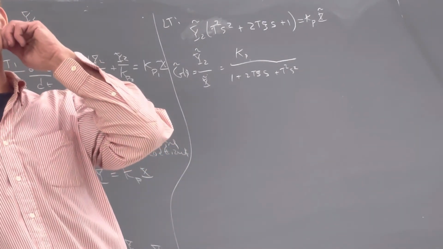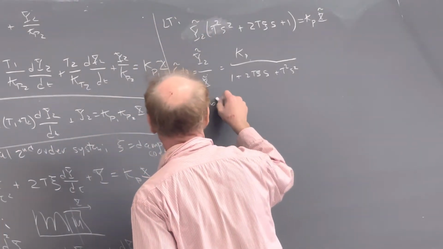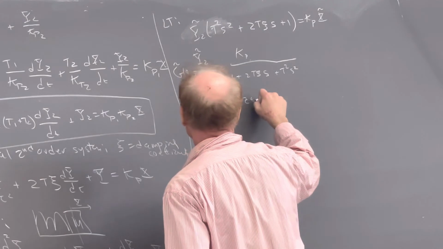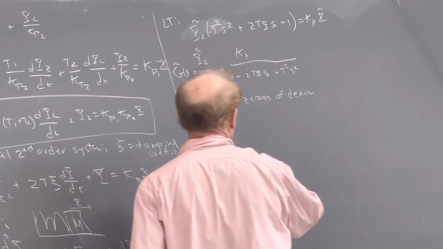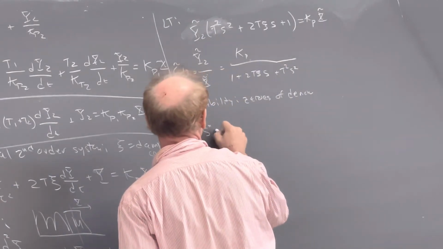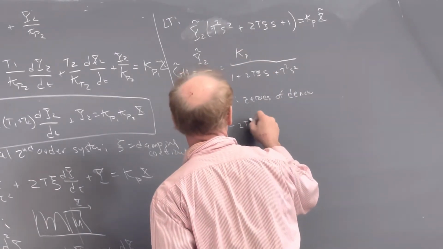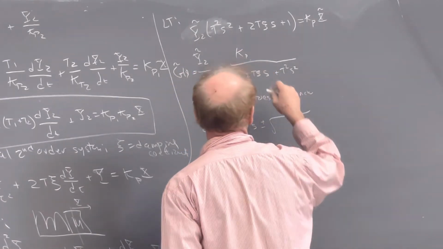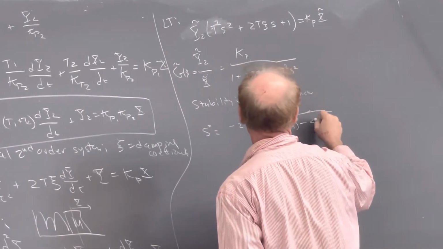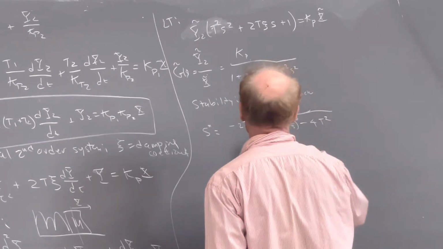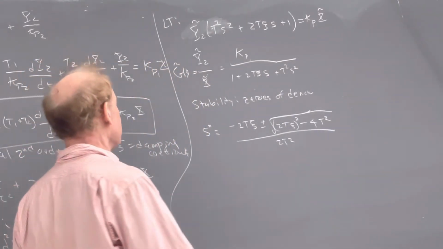To look at stability, I need the zeros of the denominator. So the roots are equal to minus 2 tau c plus or minus the square root of 2 tau c squared minus 4 times 1 times tau squared, over 2 tau squared. So let's simplify that.